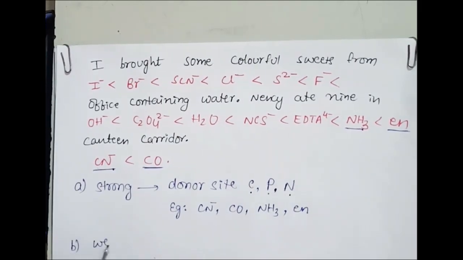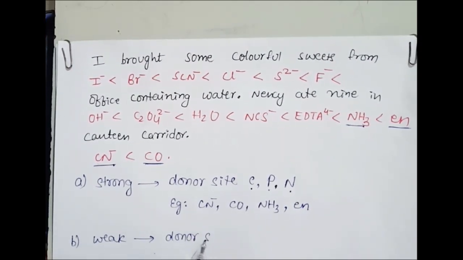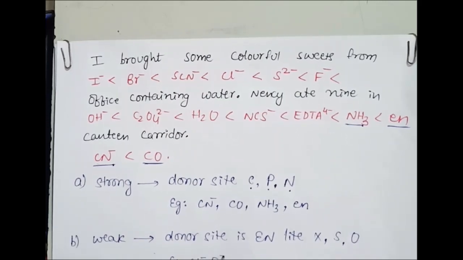Weak ligands are those where the donor site is an electronegative atom, like halogen or sulfur or oxygen, like all halide ions: chloride, fluoride, bromide, they all are weak ligands.